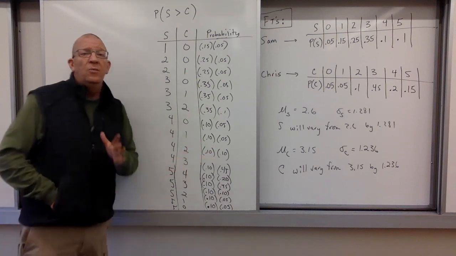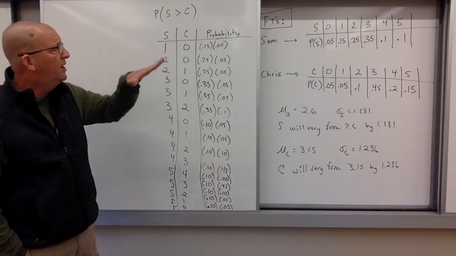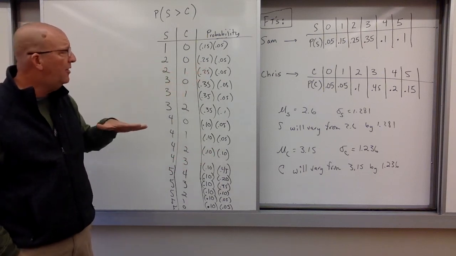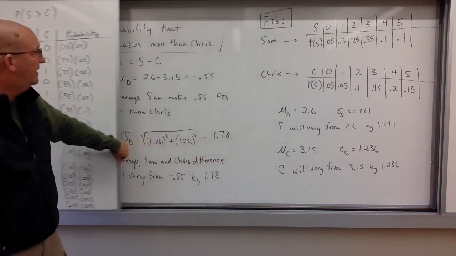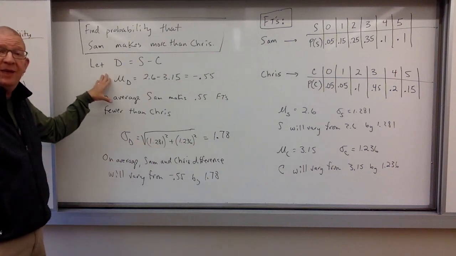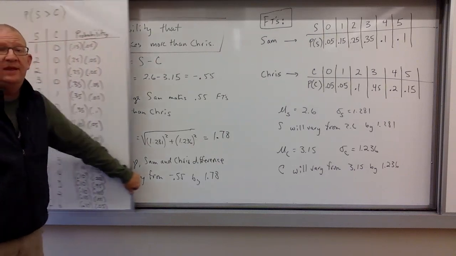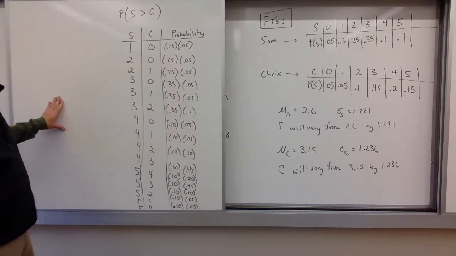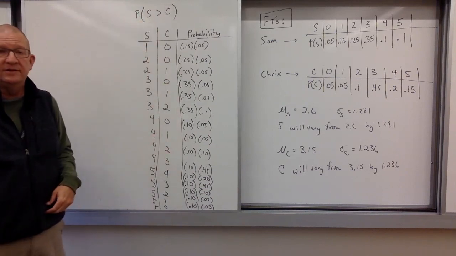So whenever you come across these discrete probability problems, use the table, take a deep breath, and understand how we're calculating these. With the difference, we're going to combine the discrete random variables here and with the standard deviation here. And then if you're asked a specific question about the probabilities, you can make these kinds of tables.